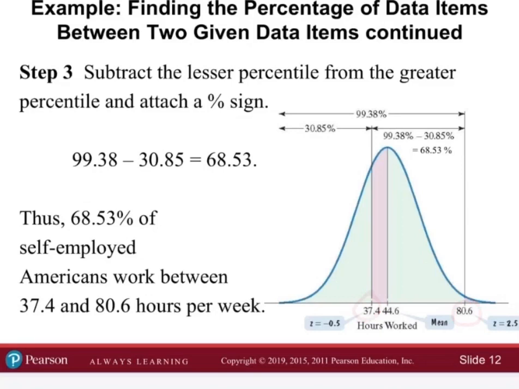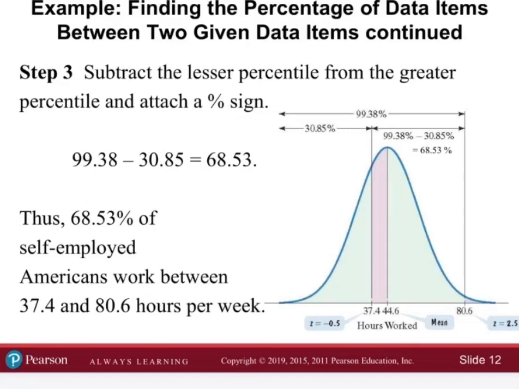With the 37.4, we found that 30.85% of the data is to the left over here. And for the hours of 80.6, 99.38% was to the left, basically in this direction. So we said the 99 minus the 30 gives us what is between the two, 68.53. Okay.